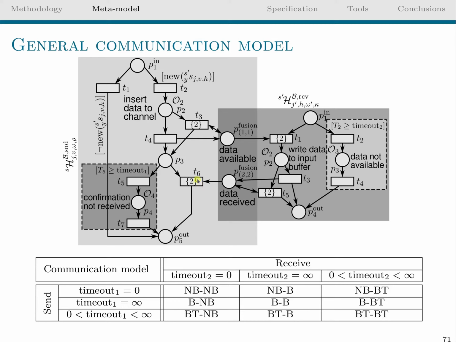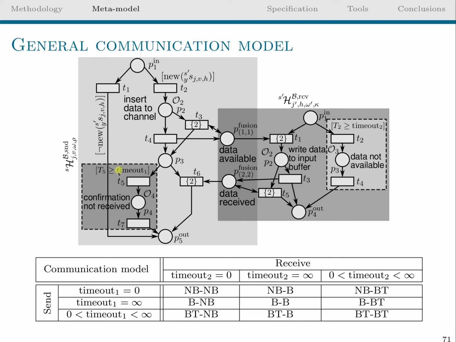And here we fire one of those two transitions. This transition has higher priority, and based on the information whether the data was received, so whether the confirmation was received by the sender or not, either we fire transition T6 when the confirmation was received, or we are blocked on the T5 transition.